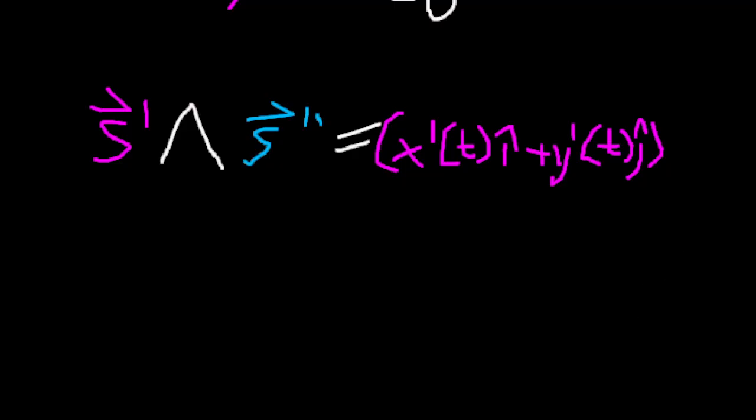And you can imagine how this would happen, right? Because if we take the derivative of the whole vector, that's the same as taking the derivative of the terms of the sum. That's just the sum rule.